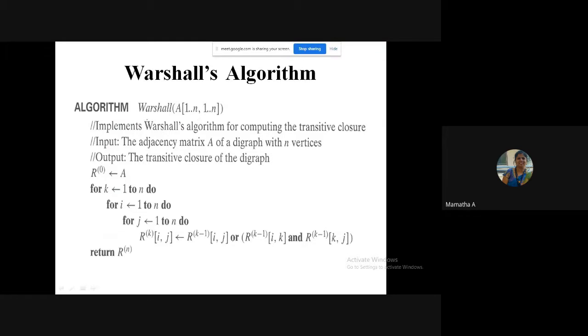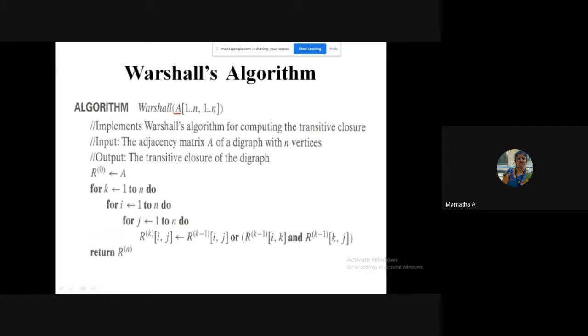Warshall takes one input, and that is A. And what is this A? A is nothing but a two-dimensional matrix. Remember, in the algorithm, if you have to write a two-dimensional matrix, you will first specify the row size, comma, the column size, the indices. So the indices of A start from 1 to n, and the column also starts from 1 to n.